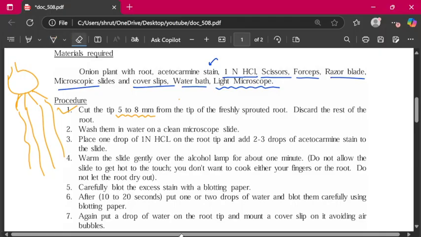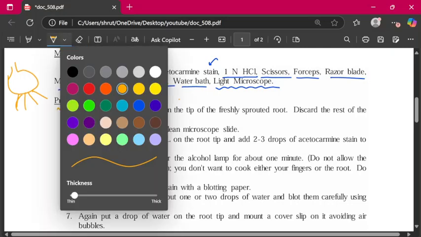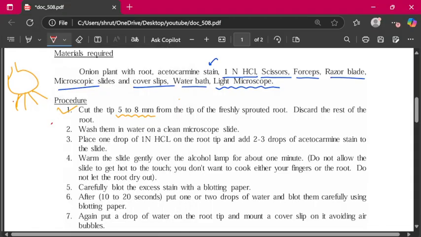It should be of a proper length, and from this you have to cut only 5 to 8 mm from the tip of the freshly sprouted root.